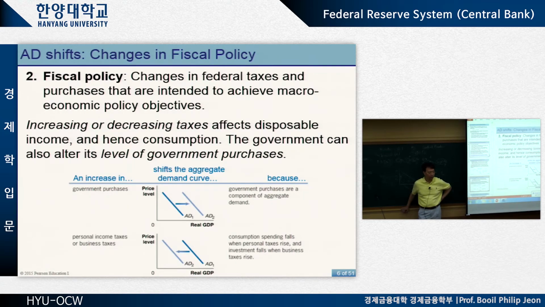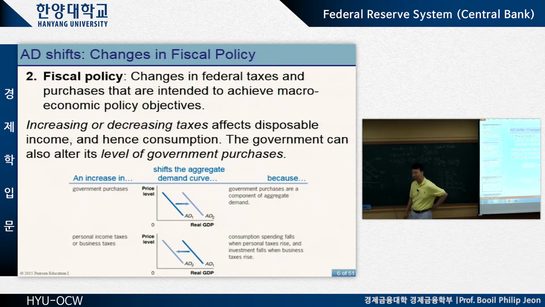You have to have a lot of experience in banking, probably, and also know a lot about economics. And once you are appointed, you have a 14-year term. That means you're basically there until you retire. You don't have to worry about your job.